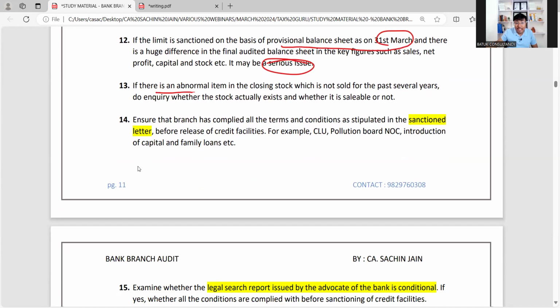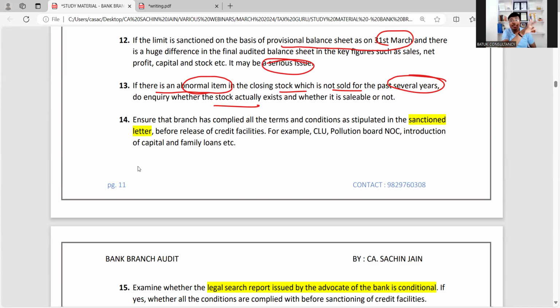If there is an abnormal item in the closing stock which has not been sold for several past years, in that case we need to check whether the stock exists in the books of accounts or is physically available. Okay, कई बार क्या होता है आप स्टॉक स्टेटमेंट देख रहे हो, one quantity or one product of stock is available continuously, there is no sale and no purchase.